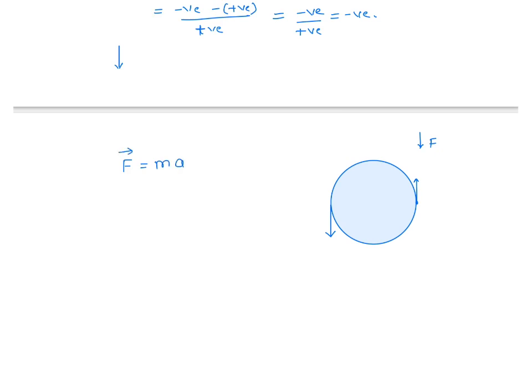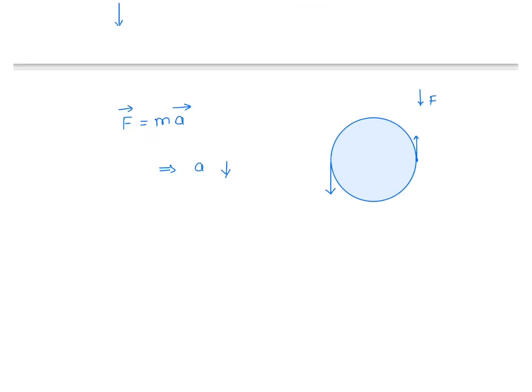Whatever is the direction of net force, that will be the direction of net acceleration. So direction of force is towards minus y direction, and therefore I can say acceleration will also be towards minus y direction. So even I can justify acceleration will be downward.